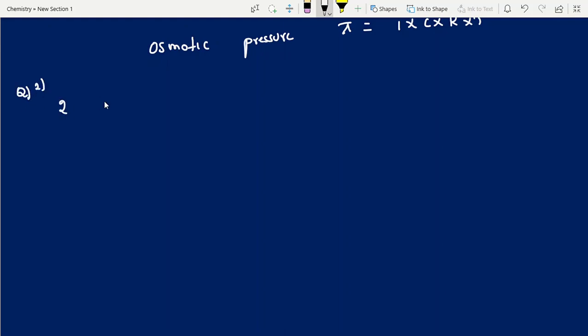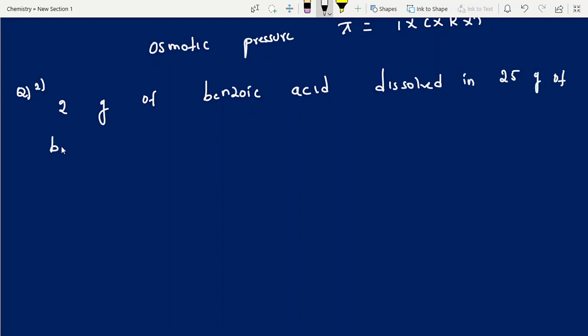Question number 2. 2 grams of benzoic acid dissolved in 25 grams of benzene shows a depression in freezing point equal to 1.62 Kelvin.